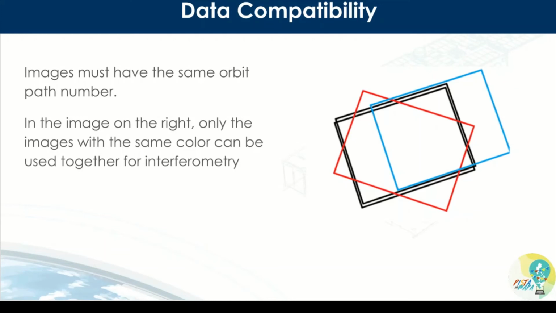In the images, you see that there are 2 black boxes, so they can be used together for interferometric analysis, but the black colors can't be used with the blue colors and red colors. The data will not be valid.